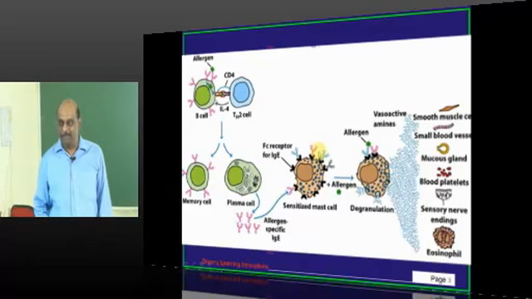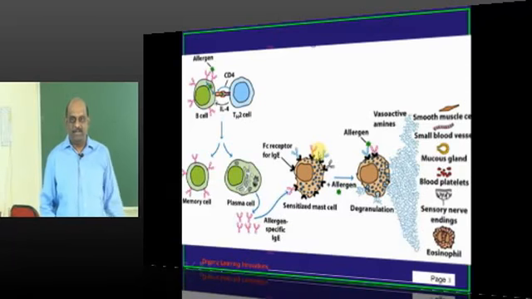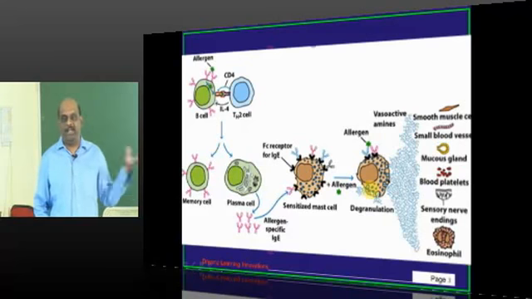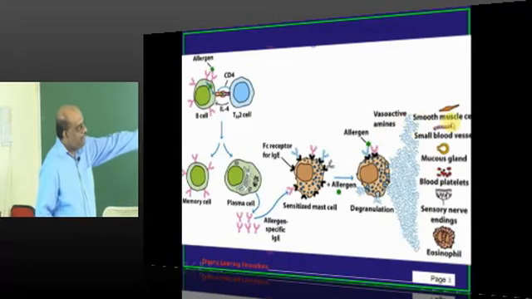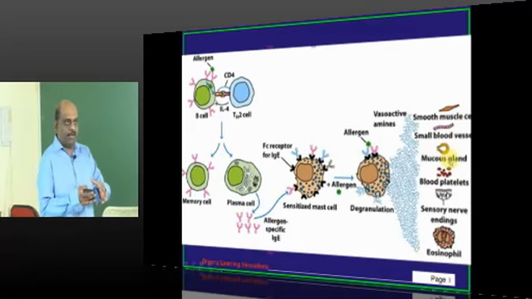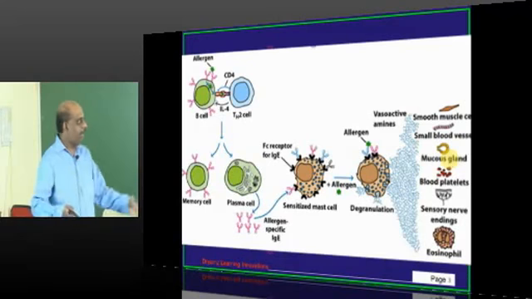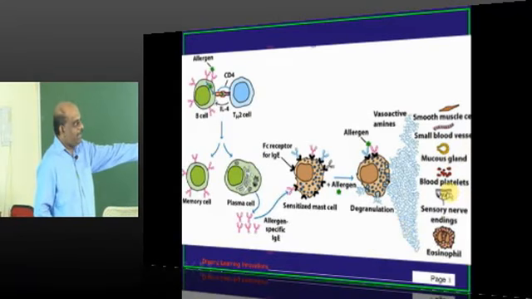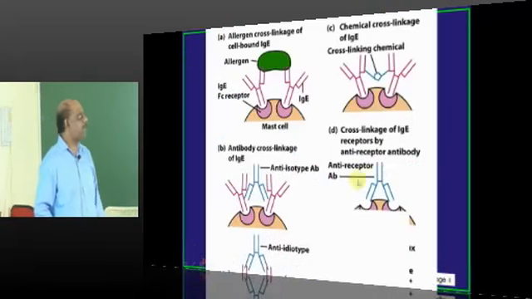We have seen the other day, eicosanoids, how much we call mast cell a chemical bomb. Some of those vasoactive amines will lead to smooth muscle contraction, small blood vessels undergo increased capillary permeability. Then it has effect on mucous glands, sensory nerve endings, eosinophils, etc.